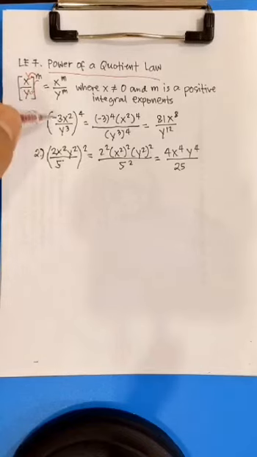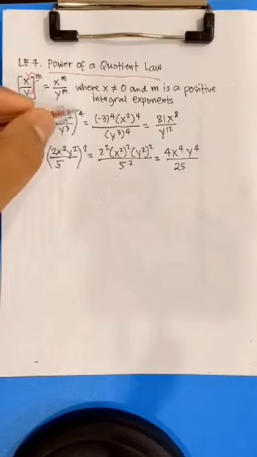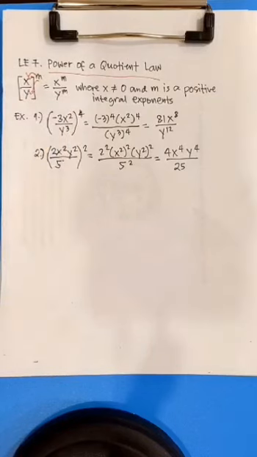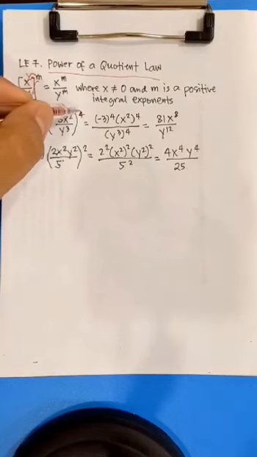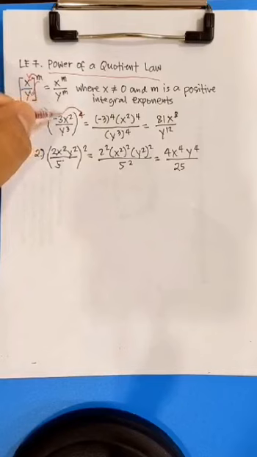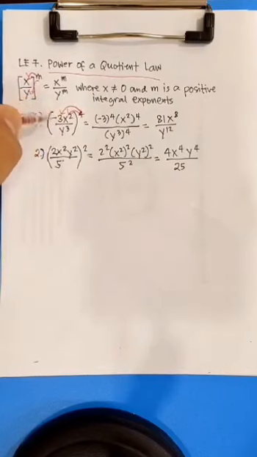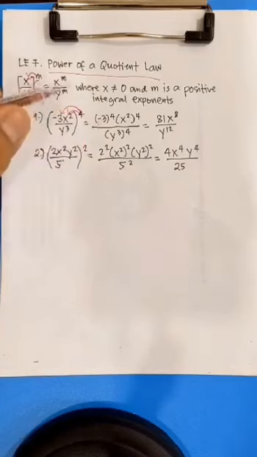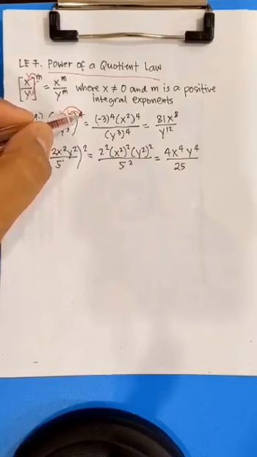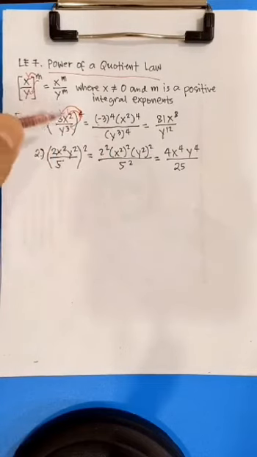For example, negative 3 x squared over y cubed raised to 4 outside there. So therefore, we're going to distribute the exponent outside to everything inside. So you will have negative 3 raised to 4 and x squared raised to 4, and also to the denominator, so you will have y cubed raised to 4.